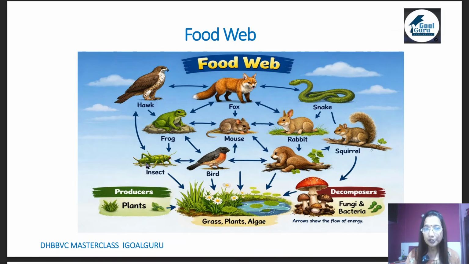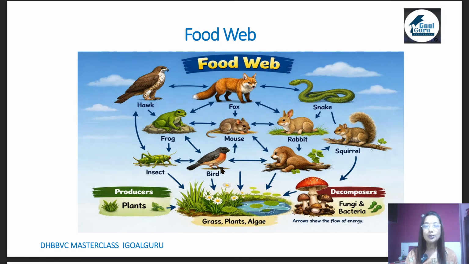These insects feed on the plants. But then you know that the rabbits also feed on the grass, right? Over here you see that the squirrels eat the seeds and the fruits. But the birds also eat seeds and they also eat the insects.